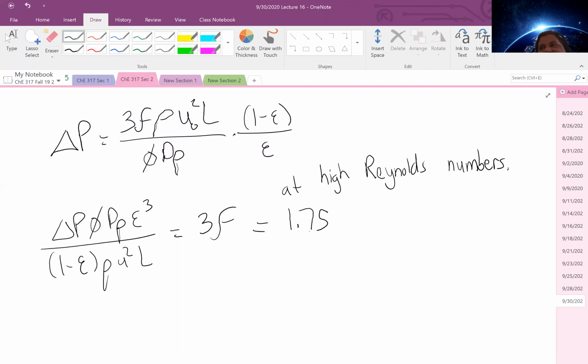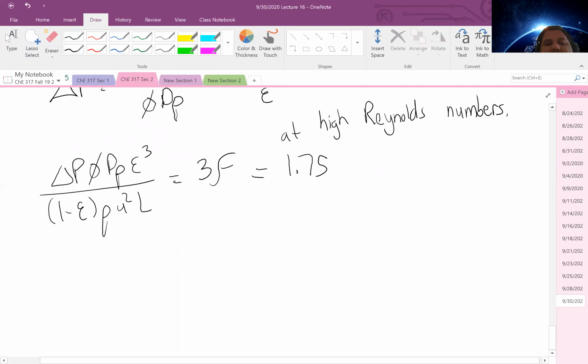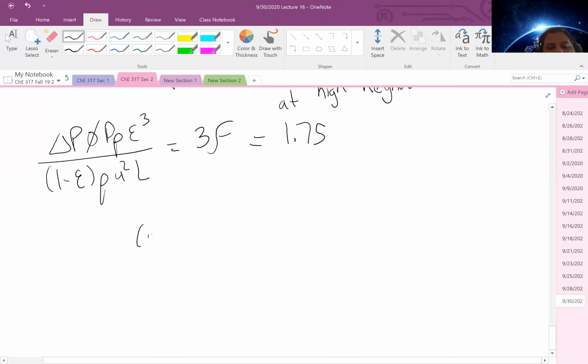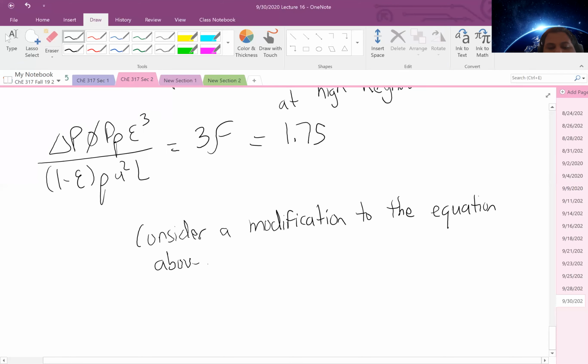However, if we're not at high enough Reynolds numbers, we can consider a modification to the equation above, which accounts for laminar flow.